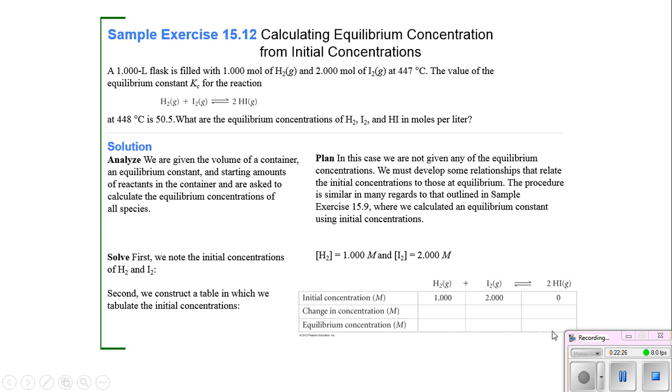So we're also going to assume in our ice table that we're given 0 HI to begin with, because we're only starting with H2 and I2. We don't know how the reaction has changed. We do know, based on the stoichiometry, though, how they will change relative to one another. Okay, so that means the only direction this reaction can go will be towards the products in that direction here.